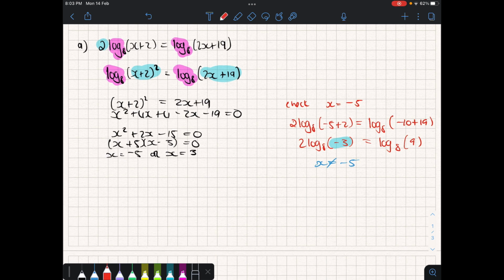In the same way we can check x equal to 3. We put 3 into the original equation, so we get 2 log base 8 of (3 plus 2) equal to log base 8 of (6 plus 19).